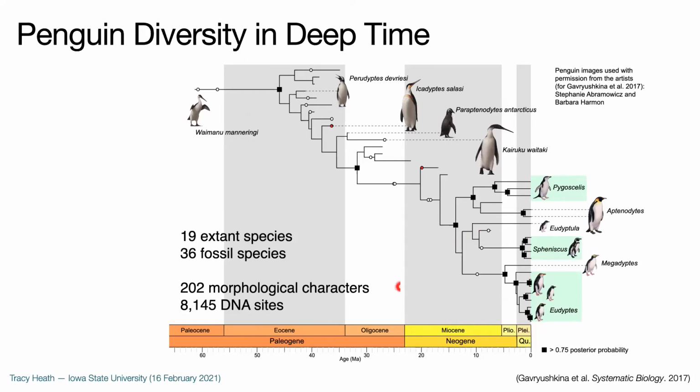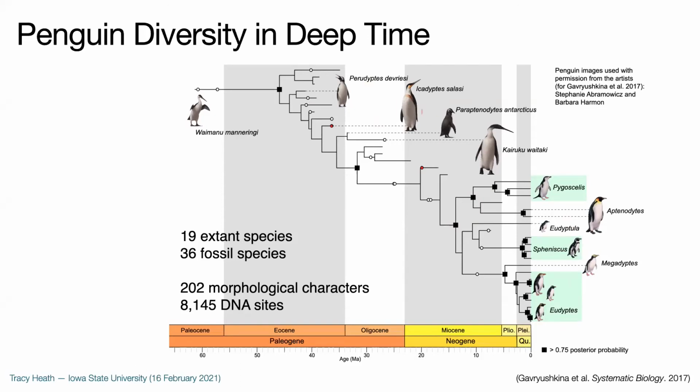So this tree summarizes our analysis, and the information that we glean from this really allows us to get a much better picture of the placement and relationships of the stem fossils with respect to the crown taxa, as well as the overall timing of various speciation events in this tree.